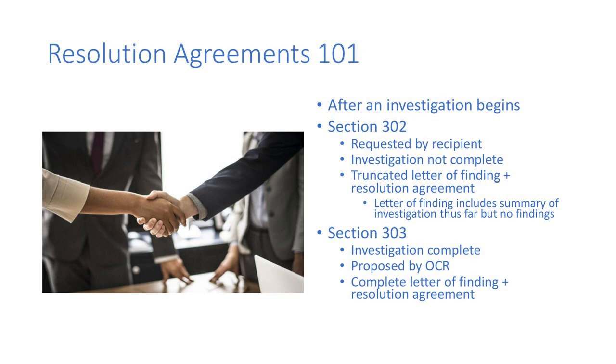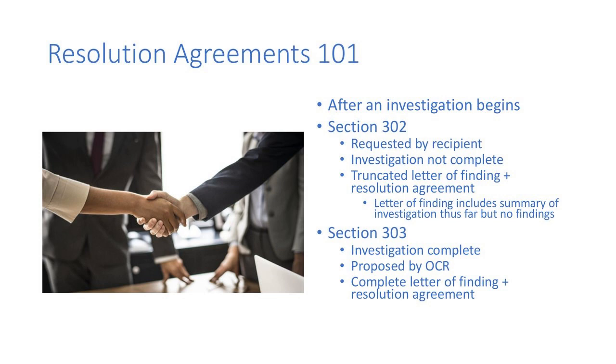The provisions of the resolution agreement must be tied to the allegations and the evidence obtained during the investigation and will be consistent with the applicable regulations. After the recipient signs this resolution agreement, OCR will issue a resolution letter, which will describe the investigation, the findings up to that point, where the resolution was reached.